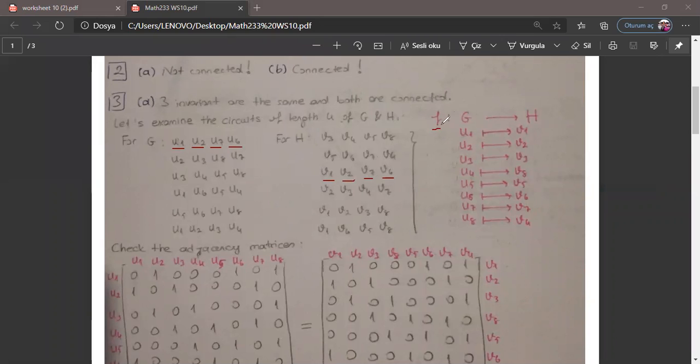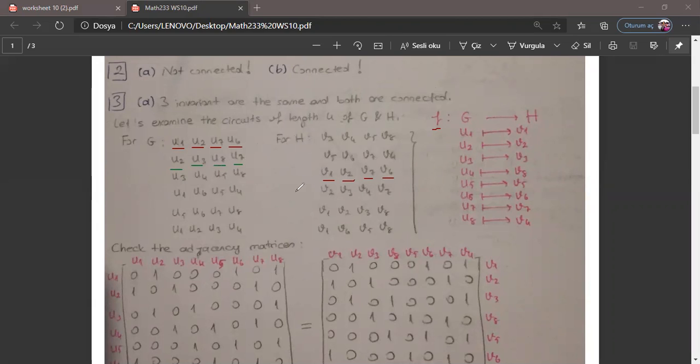We don't know if it's an isomorphism yet, but under the function, the image of U1 can be V1, and for U2 we have a candidate, which is V2, and for the rest, here we have these vertices. And the other one we can check is this.